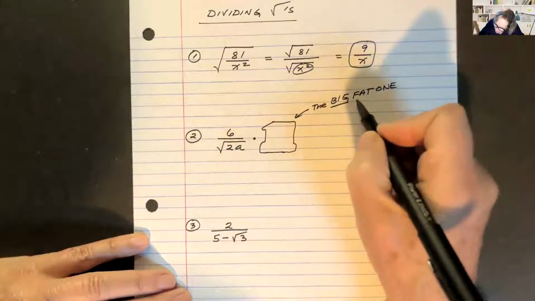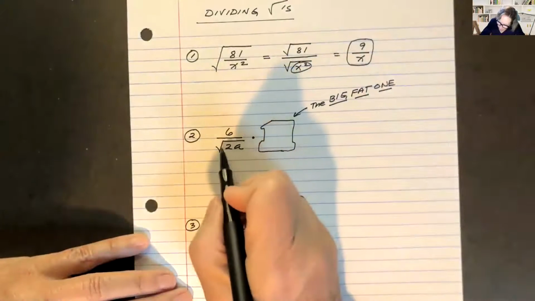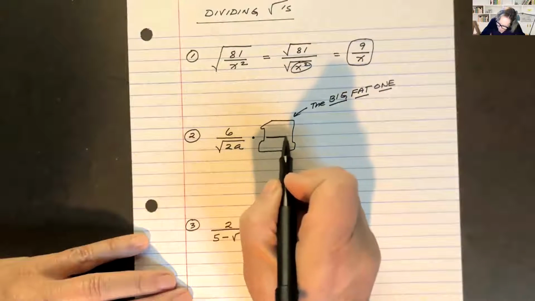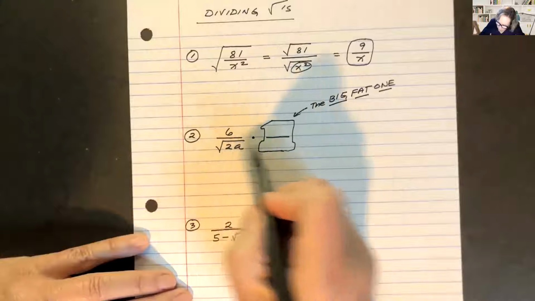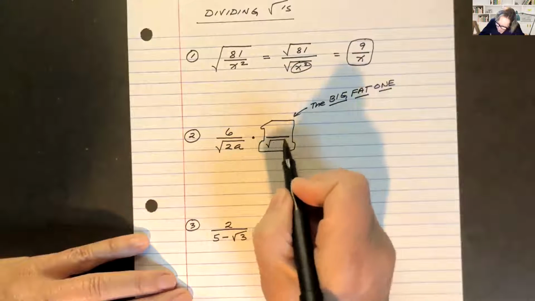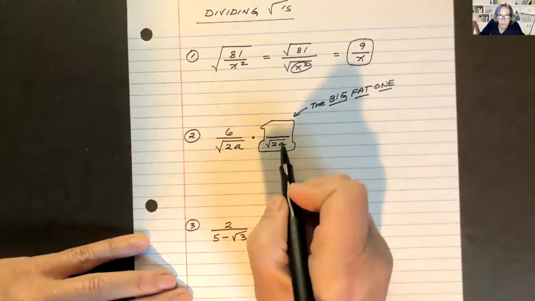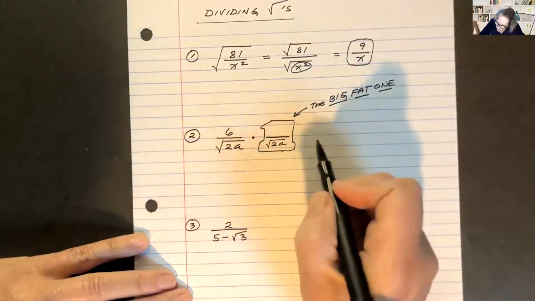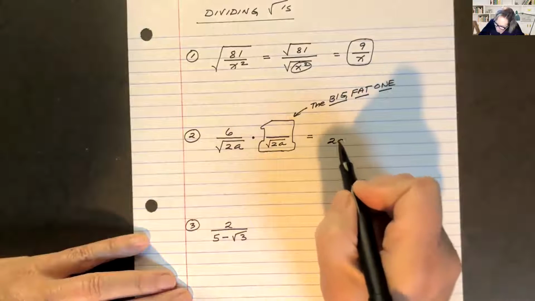Okay, so I call this the big fat 1. I'm going to multiply it by the denominator, the square root, because when I multiply the square root of something by itself, I should get that something. In other words, if I multiply the denominator here, the square root of 2a, by itself, shouldn't I get 2a? That's what a square root is.